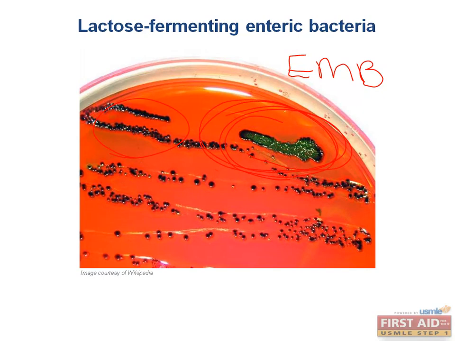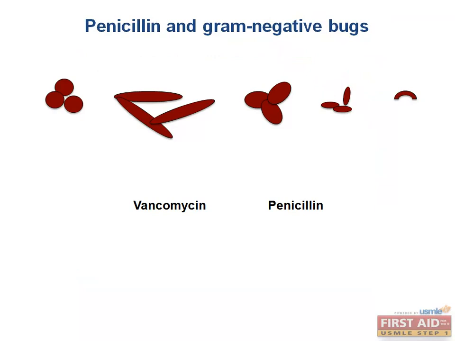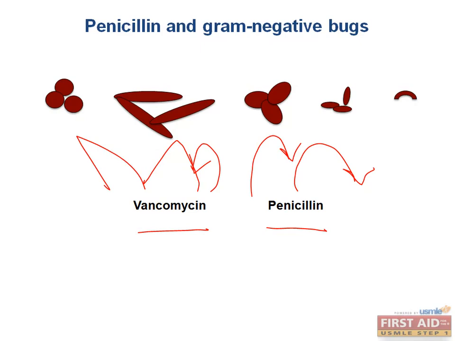This describes E. coli when grown on EMB. You will learn more about penicillin in the antimicrobial section, but just know that vancomycin and penicillin G have no effect against gram-negative organisms because they cannot penetrate the outer membrane. So here are those drugs failing to penetrate the outer membrane.